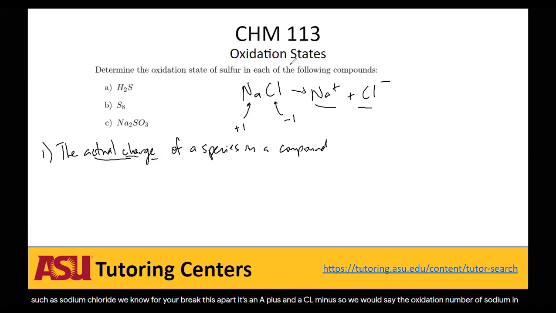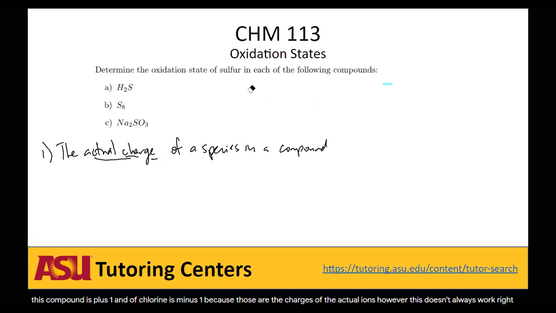However, this doesn't always work, right? Especially when thinking about polyatomic ions. If you have the polyatomic ion sulfate, SO4 2-, what's the charge of sulfur here? Well, in reality, sulfur here doesn't exactly have a charge, right?